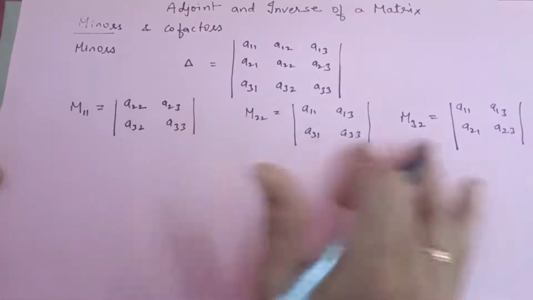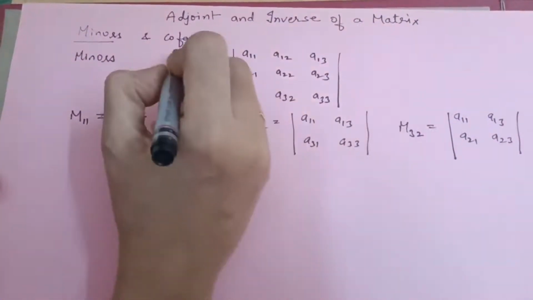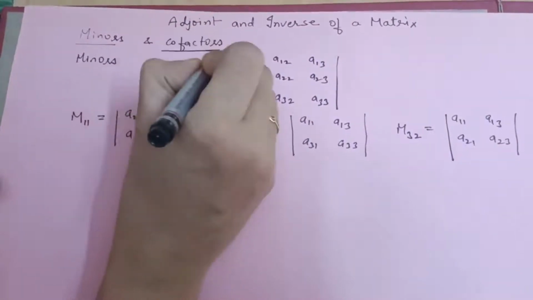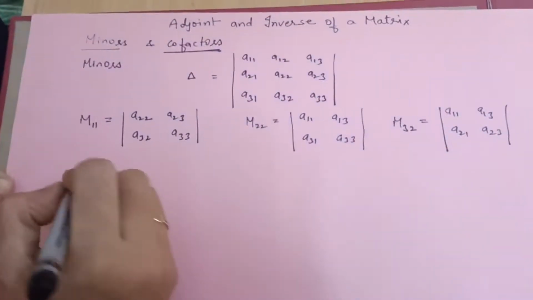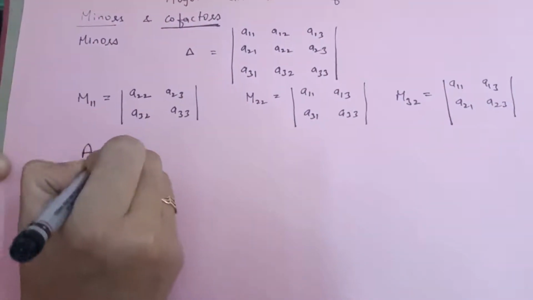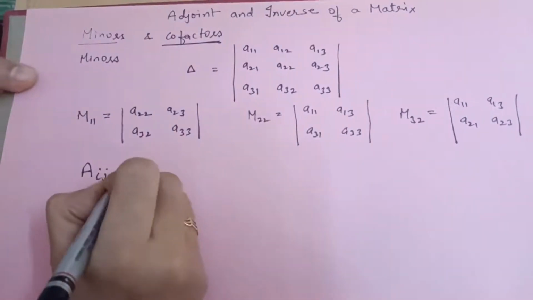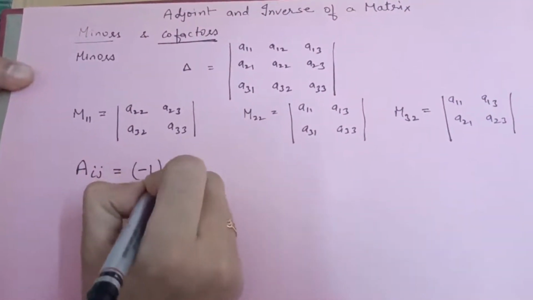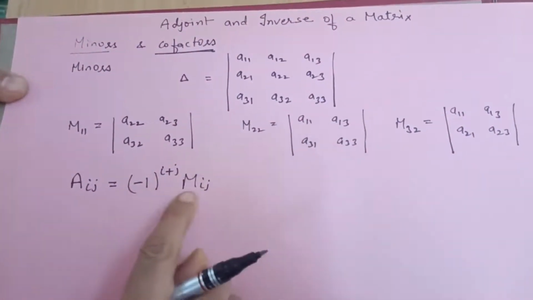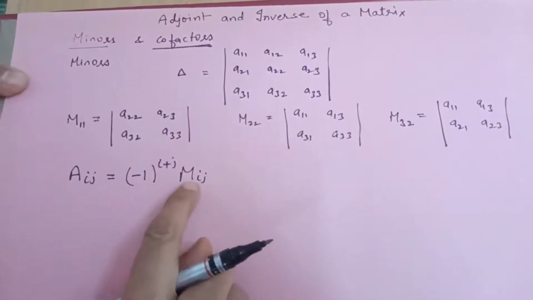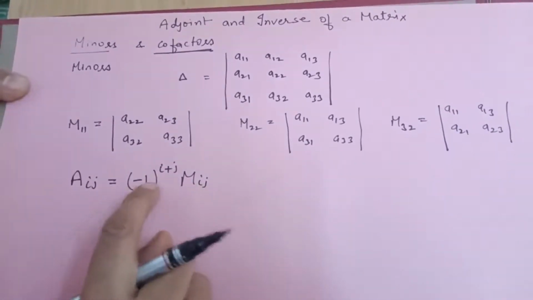This is the new term, and now you need to know it because the important point is what cofactors are. The cofactor of any element in the determinant is denoted by Aij. This is known as the cofactor of element ij. It is equal to (-1) to the power i plus j, multiplied by Mij. It means the minor is multiplied by the sign.